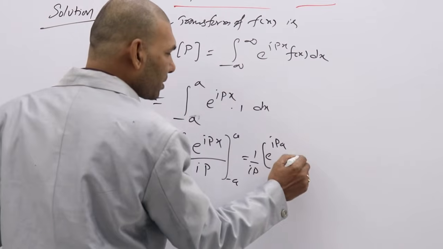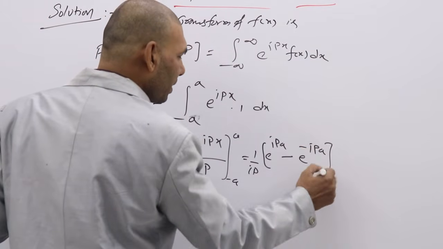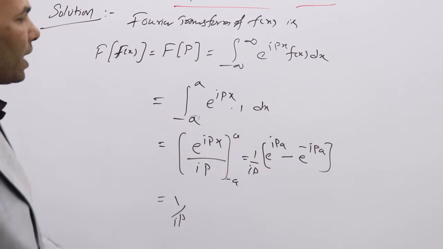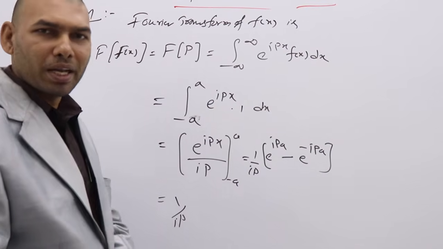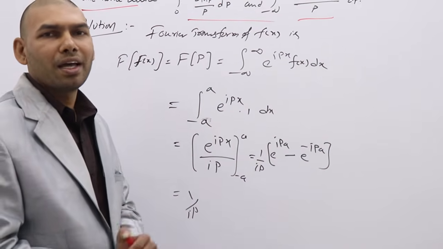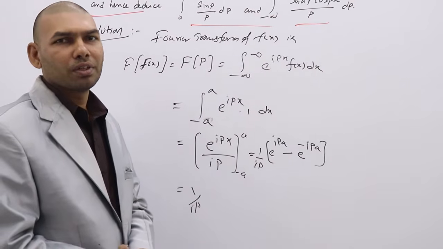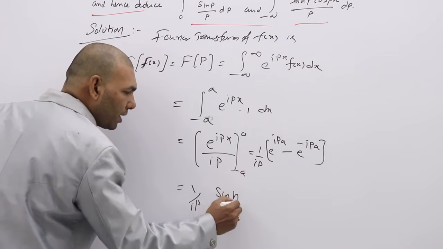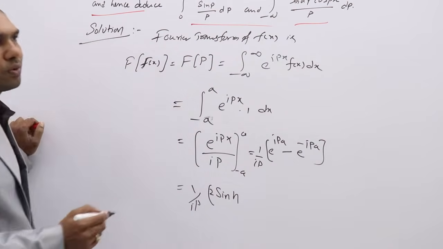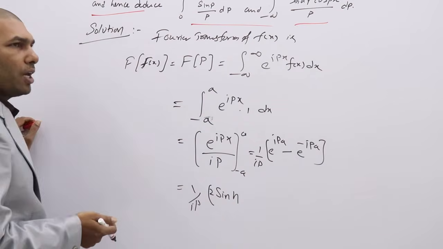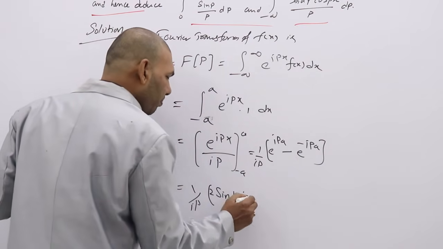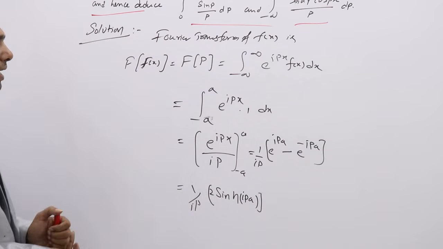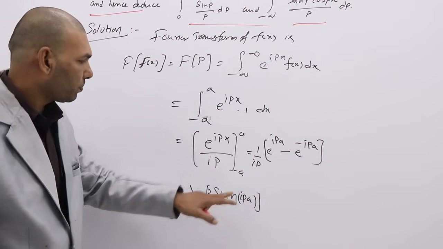If you write minus a in the place of x, you get e^(-ipa). So 1/(ip) into (e^(ipa) minus e^(-ipa)). You know that e^(ix) minus e^(-ix) can be written as 2 sinh, so this can be written as 2 sinh(ipa).